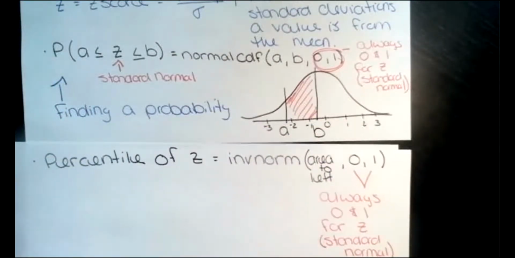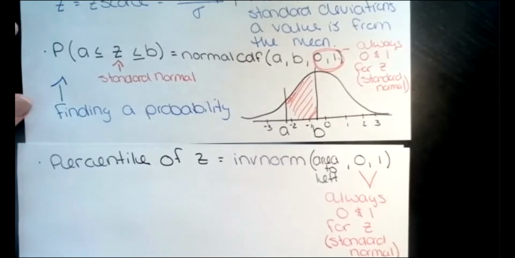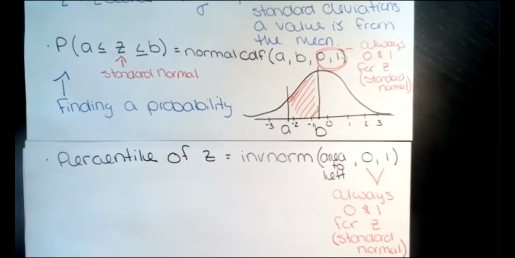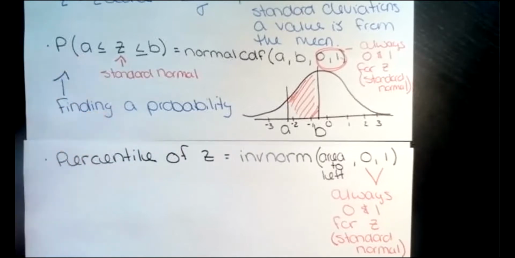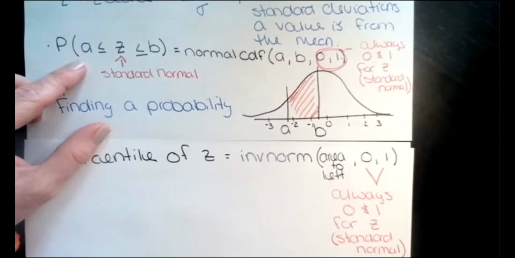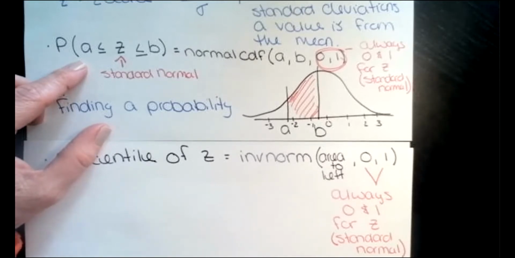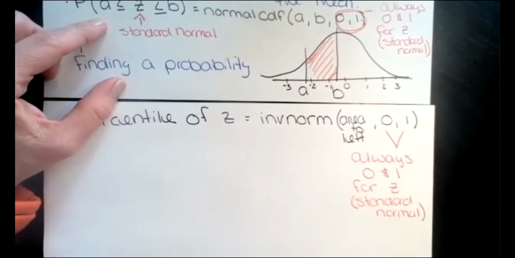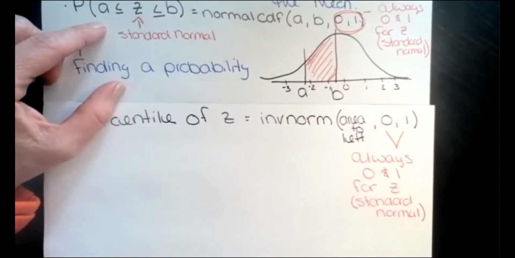Now, keep in mind the inverse function is very similar to an inverse function in algebra class. Meaning, if we have a function in algebra class, it'd be y equals mx plus b, right? And you could plug some value of x in to find a value of y. What an inverse function does for us in algebra is it allows us to plug a value of y in to solve for a value of x.